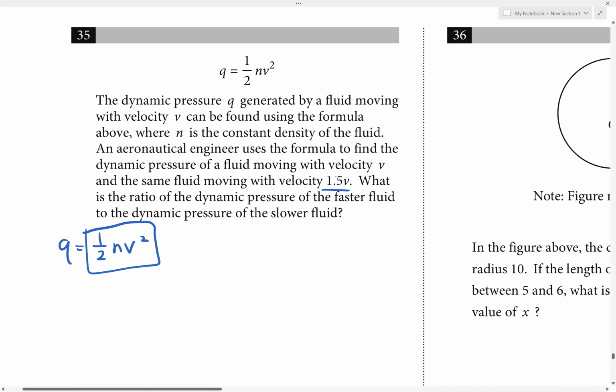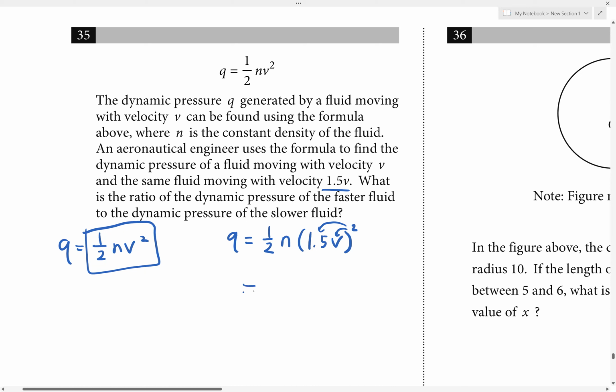But now if v is 1.5 times what we had before, the new Q value will be 1/2 times n times 1.5v, and this whole thing is squared. The trick here is you have to put it in parentheses, because when we square it, not only do we square the v, but we also have to distribute the square to the 1.5.